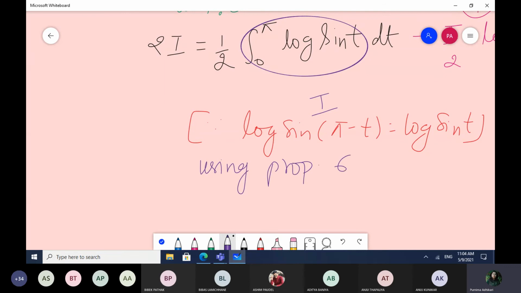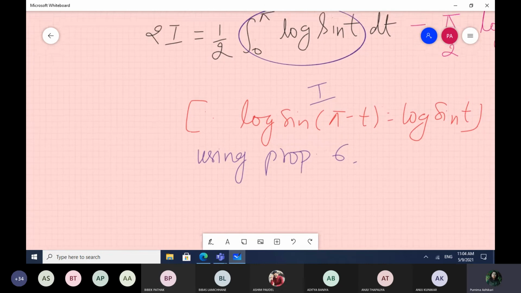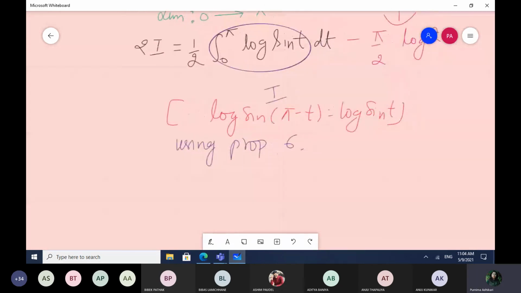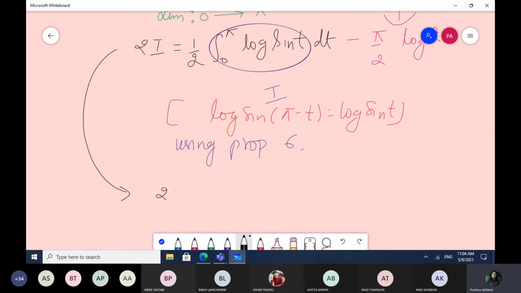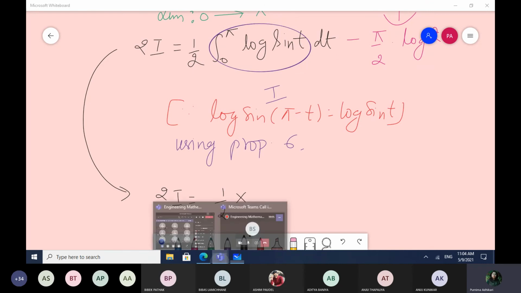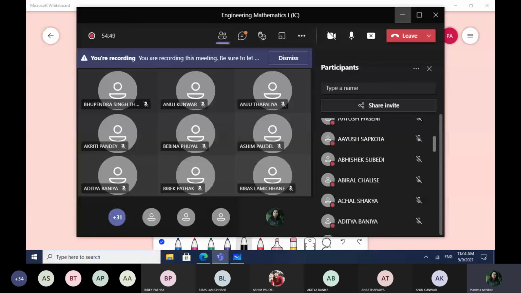Which property are you using? Property number 6. So what does that property say? According to that property, what kind of changes can you make? 2I is equal to 1 by 2 into. Now you see you can change this integral. How can we write it down? What does this property say? Yes, Abiral, say.